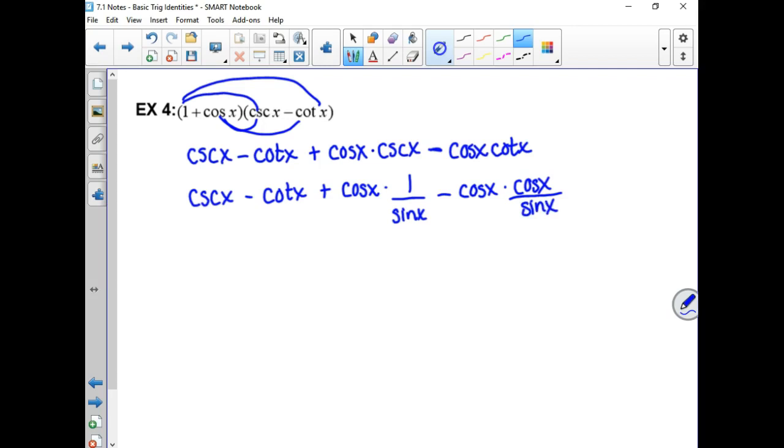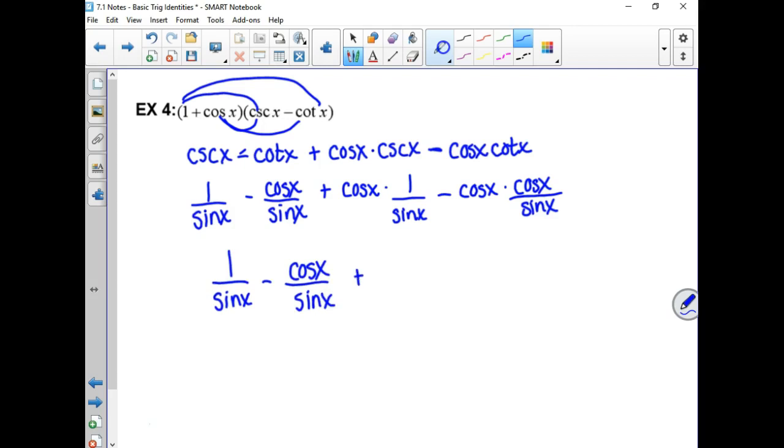Okay? And with all these sines and cosines, it might be helpful if we went ahead and changed our cosecant and our cotangent. This is a strategy we'll use sometimes. Cosecant is 1 over sine x. Cotangent is cosine x over sine x. So if I look at what I've got here, I've got 1 over sine x minus cosine x over sine x.